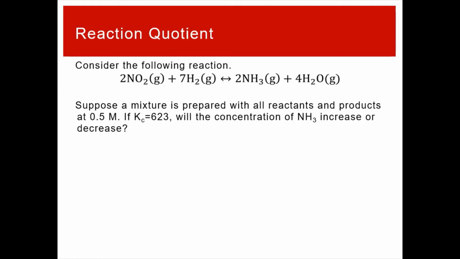Consider the following reaction: 2NO2 plus 7H2 becomes 2NH3 and 4H2O. Suppose a mixture is prepared with all reactants and products at 0.5 molar. If Kc equals 623, will the concentration of NH3 increase or decrease?